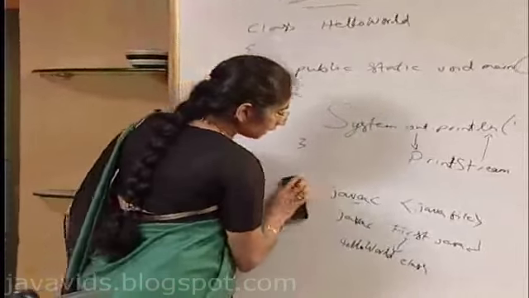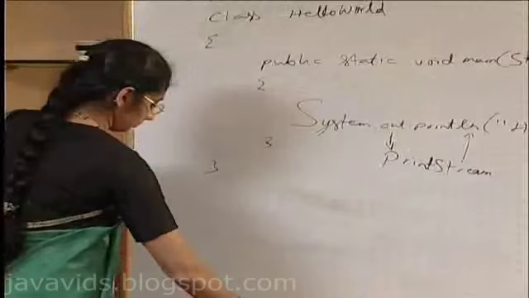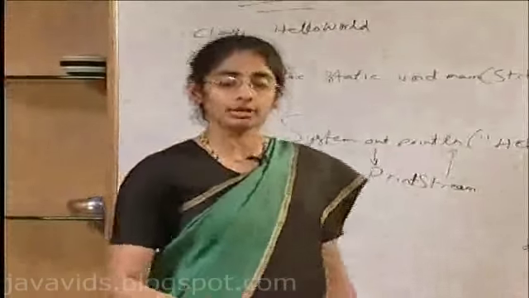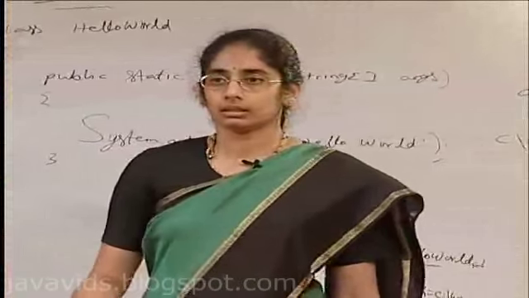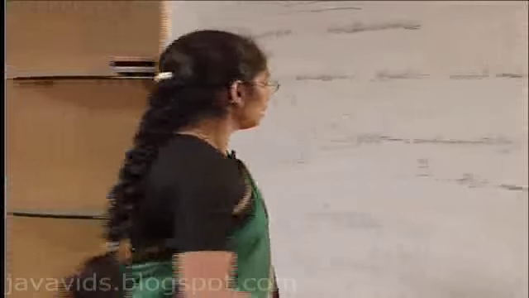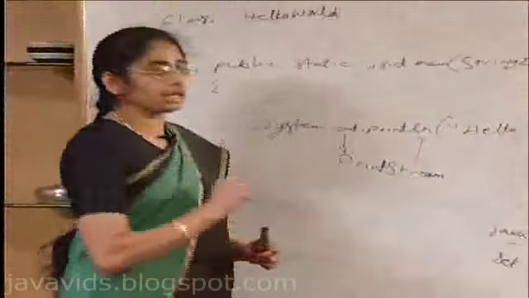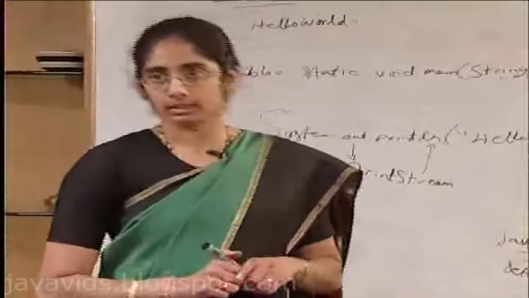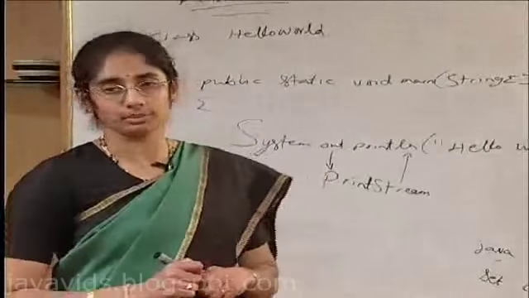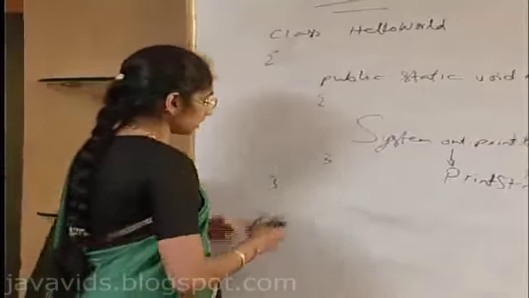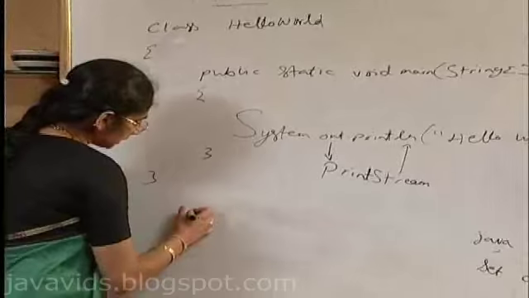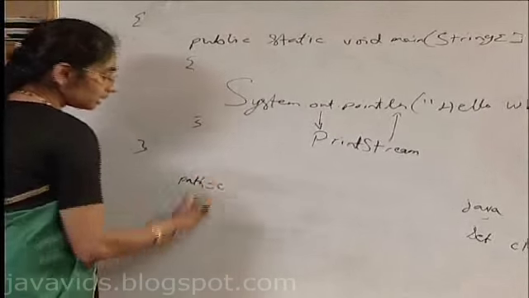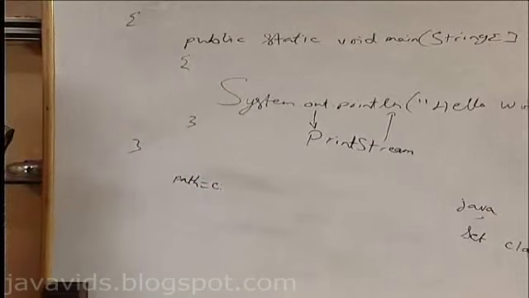Now let's assume that your javac or java command itself gave you an error. In that case, your path has not been set to where the javac or java .exe file is available. So in that case, you need to set your path to your JDK directory wherever it has been loaded.